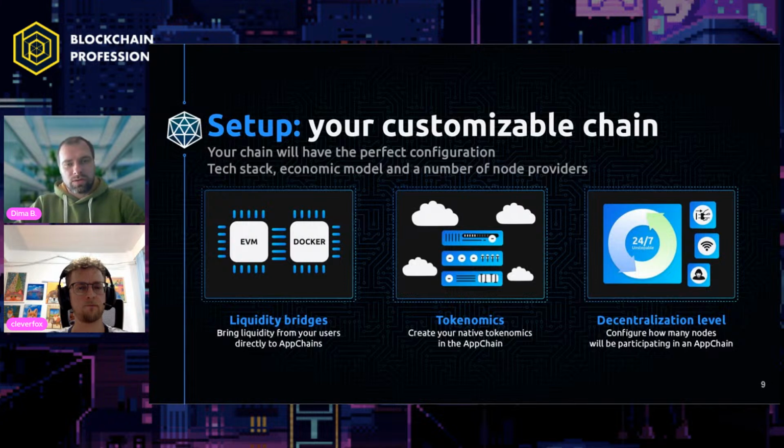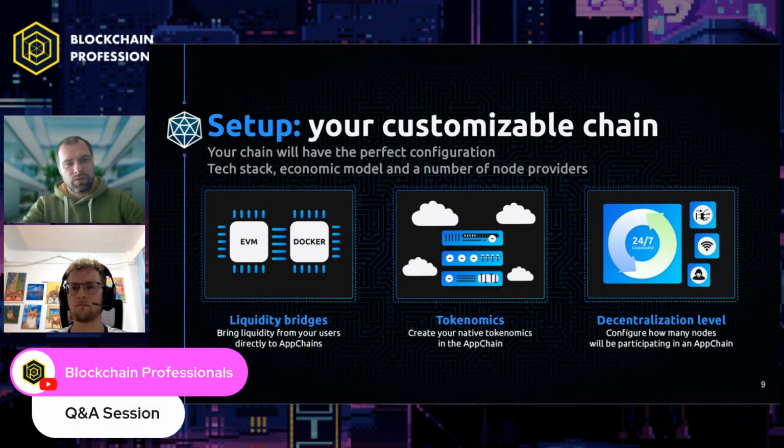Your users can bring liquidity directly from other networks to the app-chain and to their user account, and you don't need to maintain your liquidity pools, or you can form your own liquidity pool with user liquidity.